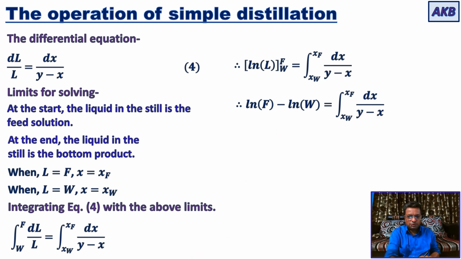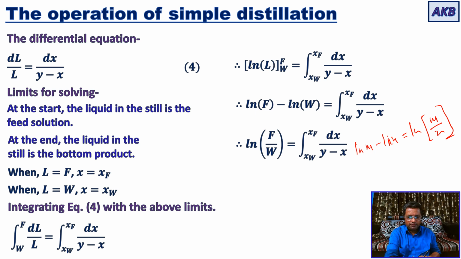Now you can use the logarithmic identity: ln of m minus ln of n is nothing but ln of m upon n. Accordingly, you'll have ln of F by W equal to integration of dx upon (y minus x) from xw to xf.